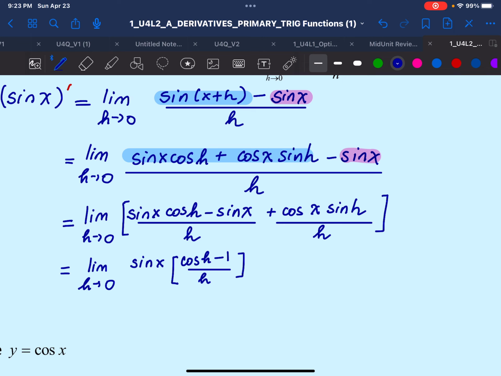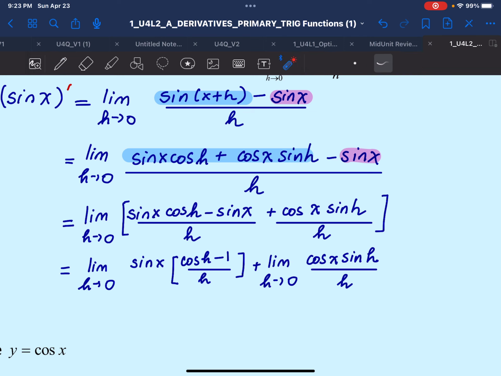Now, remember that one of the limit properties is that the limit of the sum equals the sum of the limits. So what that means is that we are going to rewrite the rest of the expression as the limit as h approaches 0 of cosine x sine h divided by h.